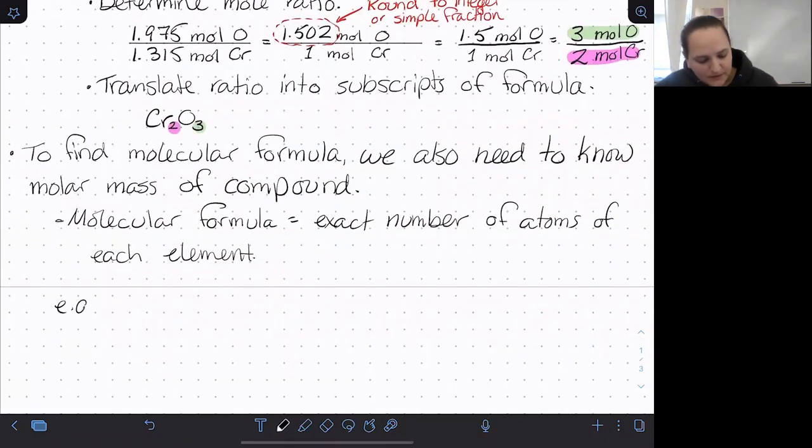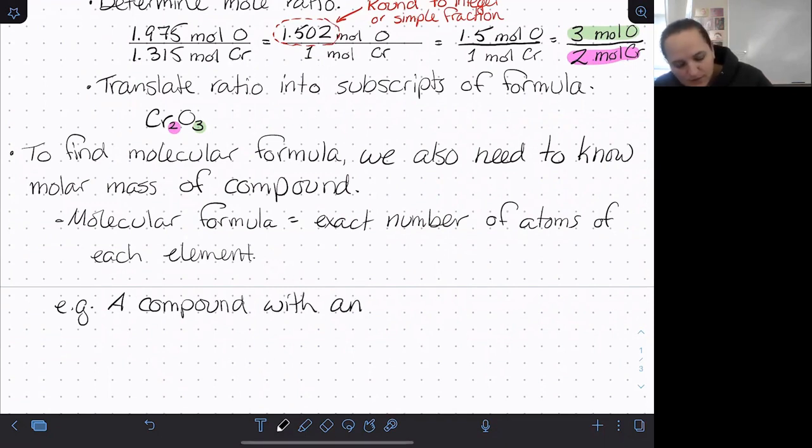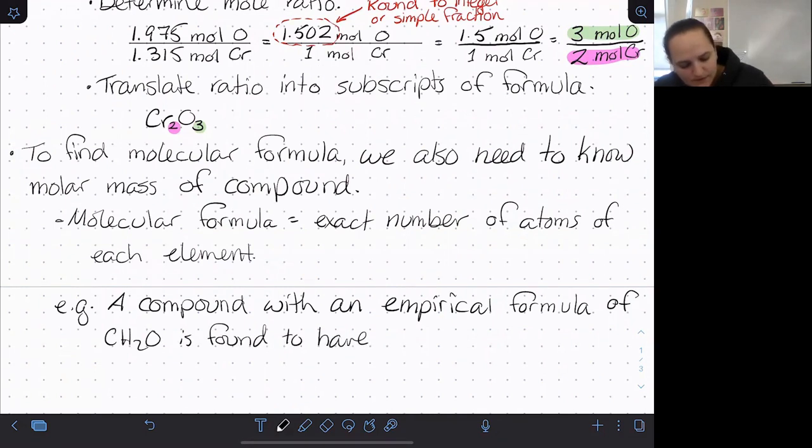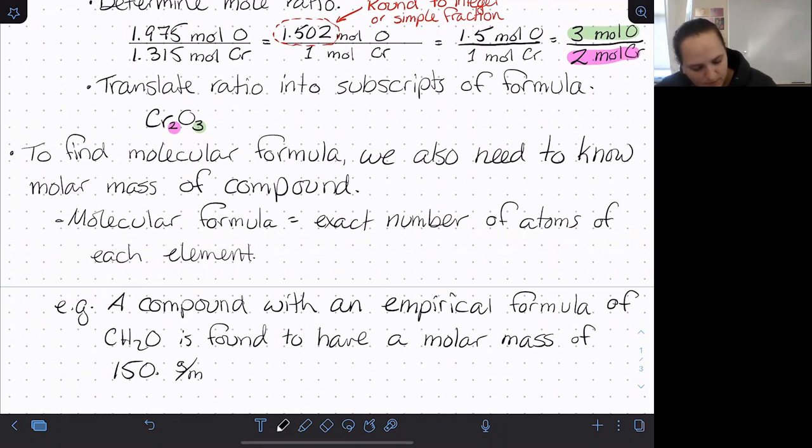So for example, let's say we've already figured out the empirical formula, that we have a compound with an empirical formula of CH2O, and we find that it has the molar mass of 150-ish grams per mole.